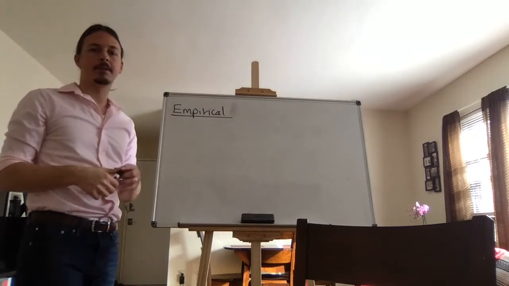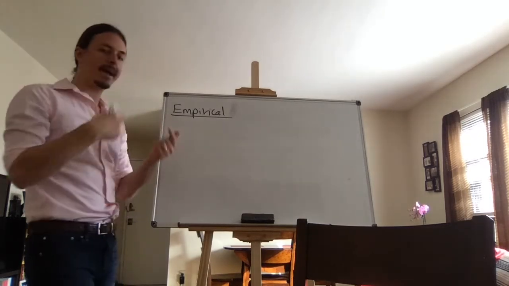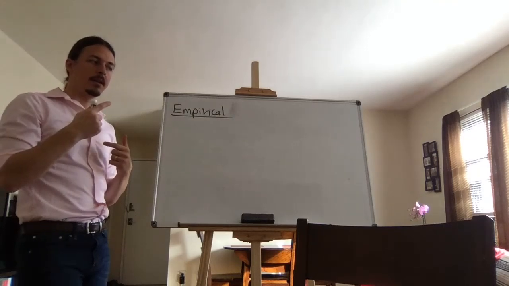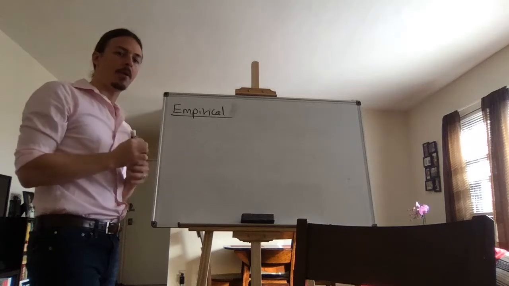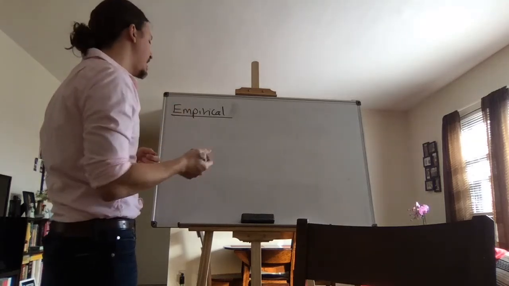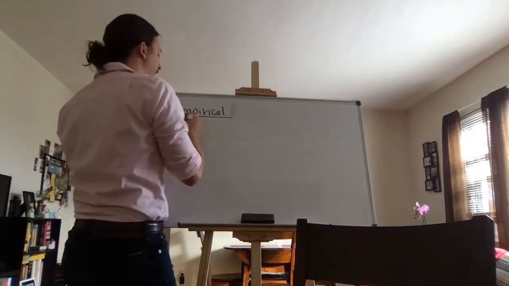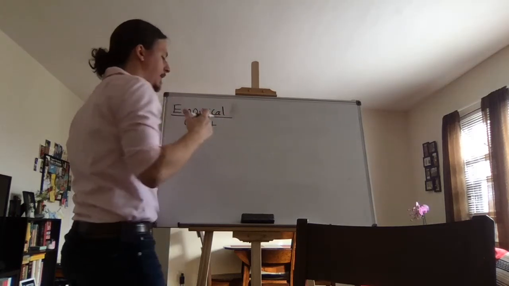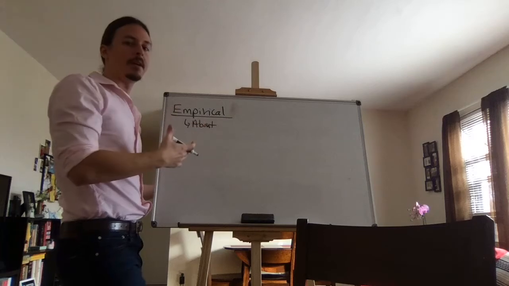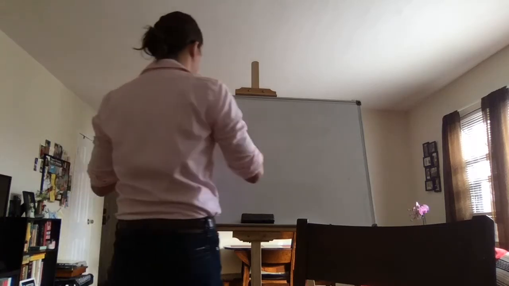So if we refer back to those questions that I just gave you guys, what is it about and how can we go about verifying it? We would say that an empirical claim is about perceivable phenomena out in the world.